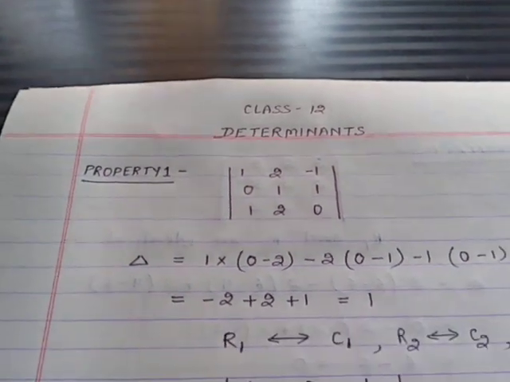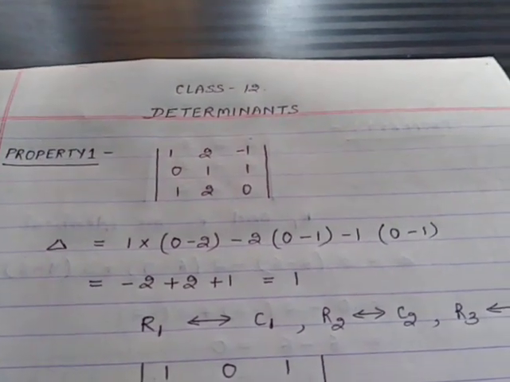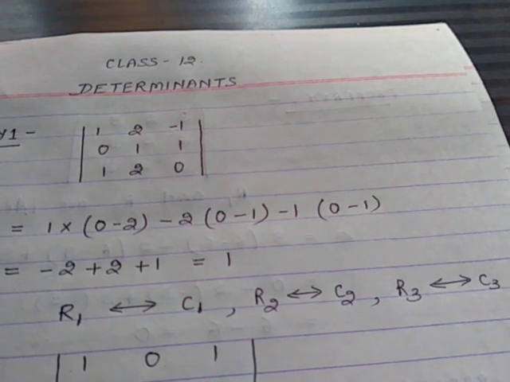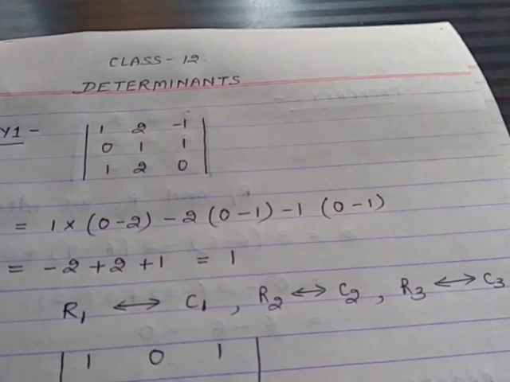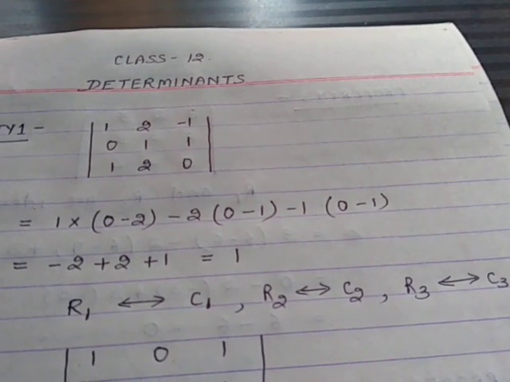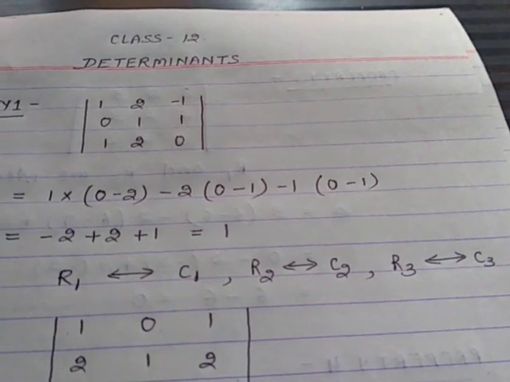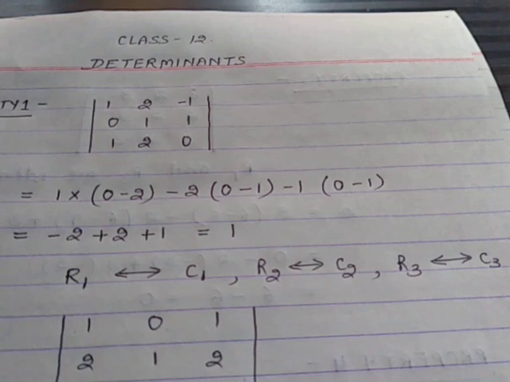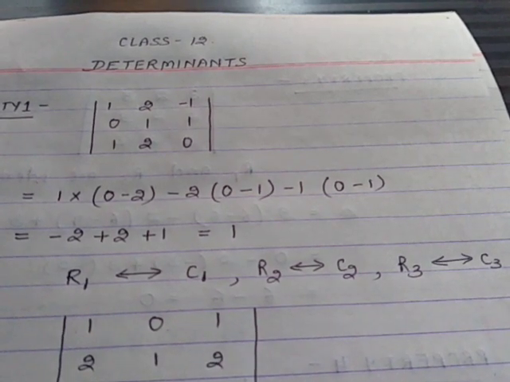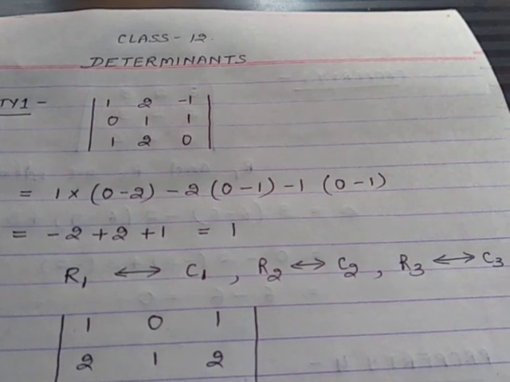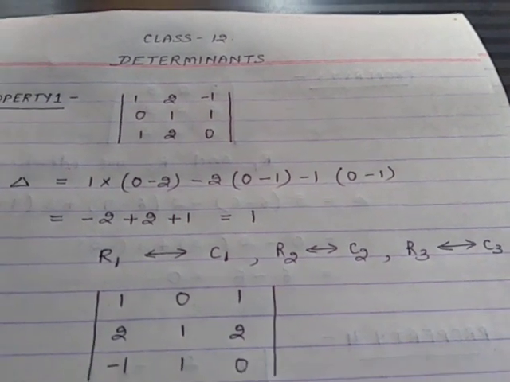Now you can see that generally we have done this in matrices, that is called the transpose of a matrix, but here it is denoted as R1 will be interchanged to C1, R2 will be interchanged to C2, and R3 will be interchanged to C3.